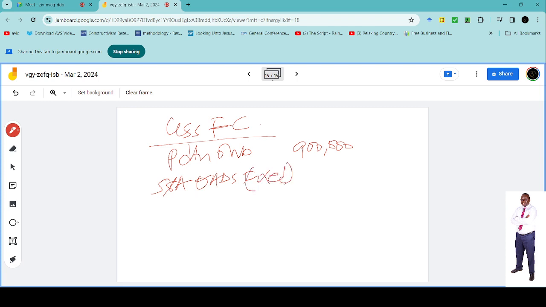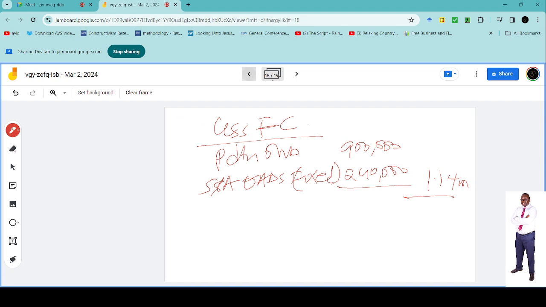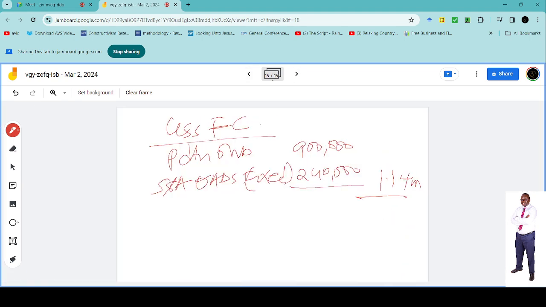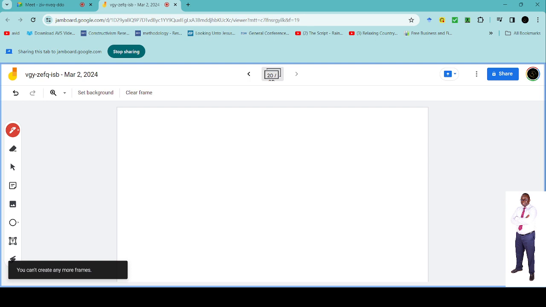Remember, there was that element which was fixed, which was around 240. So when we add these ones, it gives us 1.14 million. So when you subtract that from the 1465, the net contribution, you end up with a profit of 325,000.